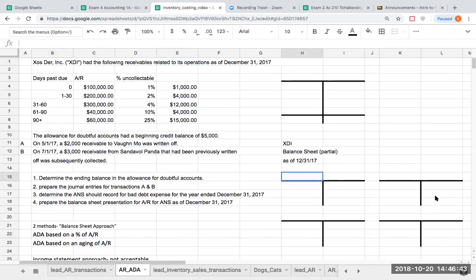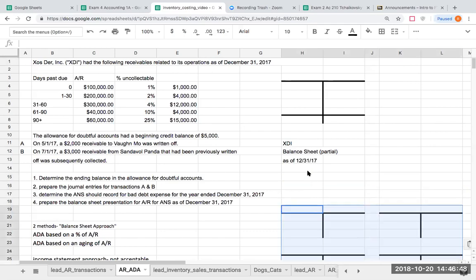So when we're looking at this, our goal is to show the reader our accounts receivable account, which is on our balance sheet. What I'm trying to show the reader or user of the financial statements is how much we ultimately expect to collect from our customers.